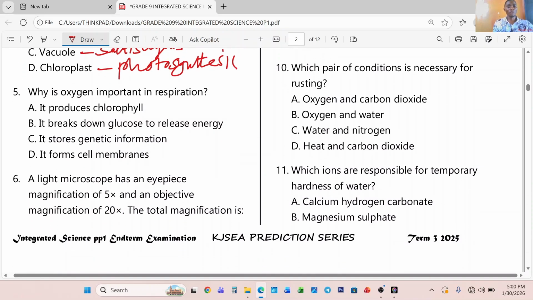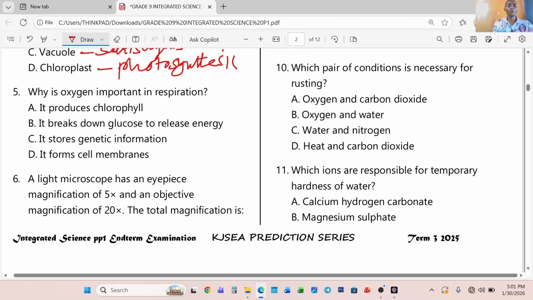Why is oxygen important in respiration? A, it produces chlorophyll. B, it breaks down glucose to release energy. C, it stores genetic information. D, it forms cell membranes.